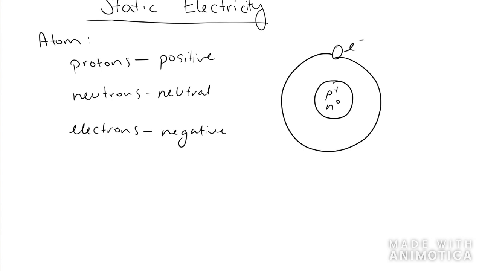Because of this, we actually get things like static electricity, and electricity is actually the movement of the electrons or energy using the electrons. So again, we talked about how opposites attract, likes repel.